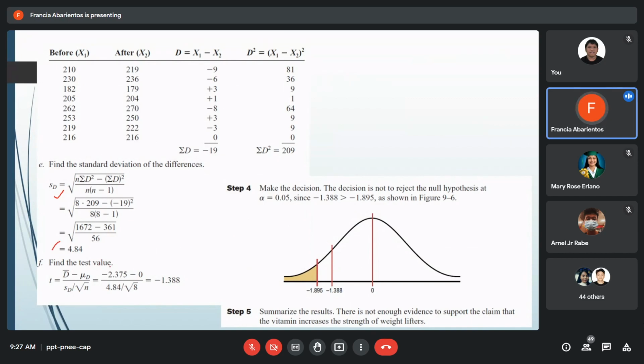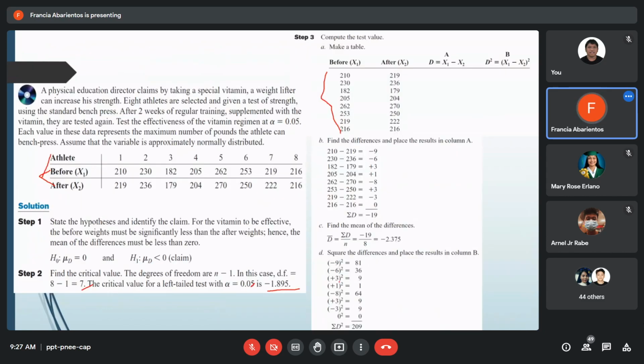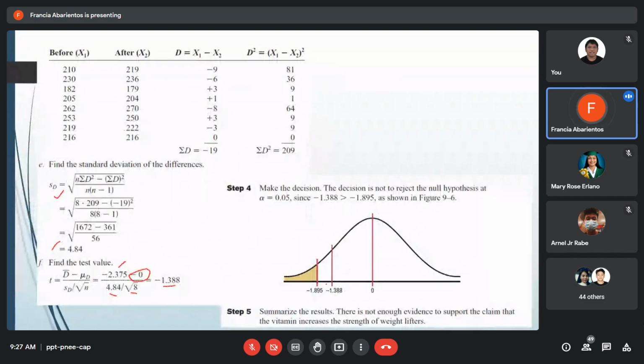So, the difference now, the mean difference, minus your assumption in the problem, which is always equal to 0, divided by the standard deviation computed over the total number of samples, which is 8. So, we have now the test value, and ito yung class negative 1.388. But our critical value is negative 1.895.